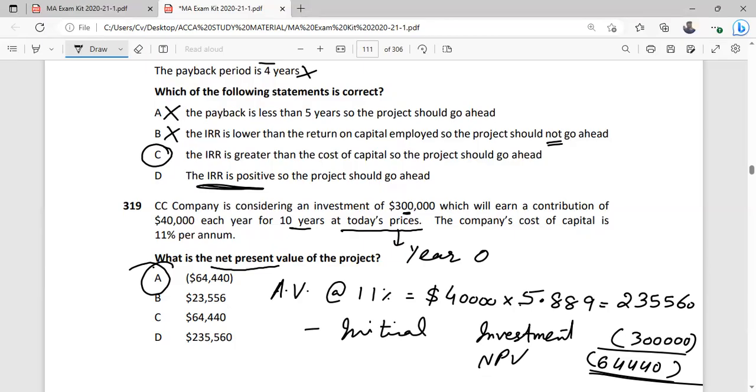Suppose in the exam, a few students are using a calculator. After calculating the annuity value, you write 300,000 on the calculator, and rather than showing a negative sign with 300,000, you are simply writing 300,000 minus 235,560. Your answer will be 64,440 but positive, and you will say yes, I am correct.